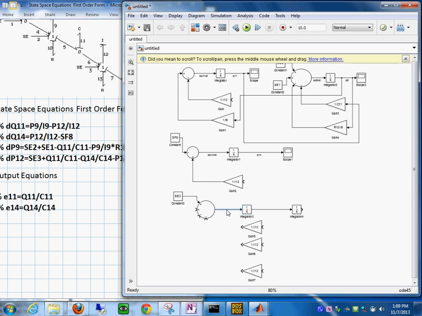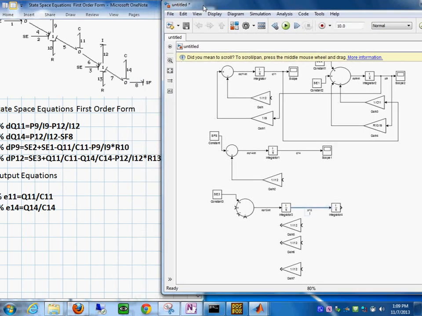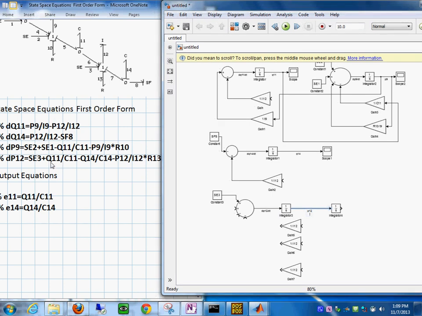This is dp12dt, and the other one here is p12. Okay, so we need to, this one is Q11 of 1 over C11 here.